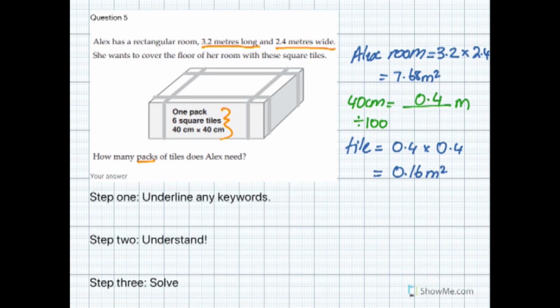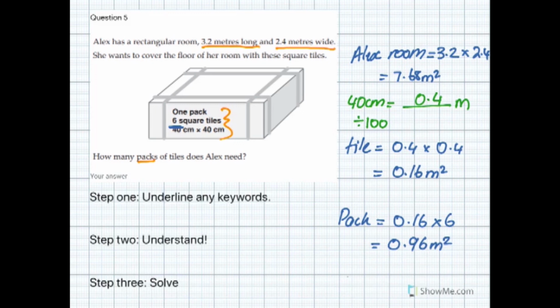The next step is to find the area of a pack of tiles. So to do that, we take 0.16 and we multiply it by 6. That is because there are 6 square tiles in a pack. Once we do that, we get an answer of 0.96 meters squared.